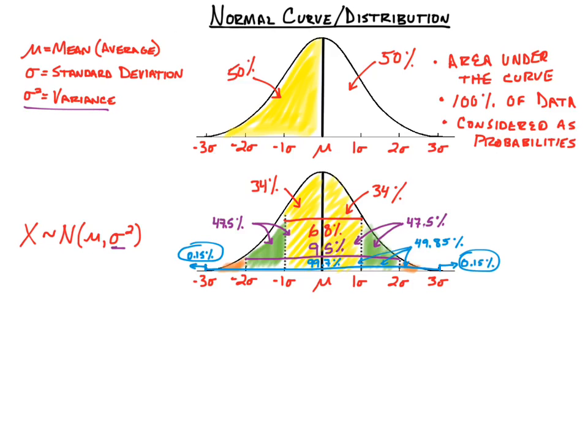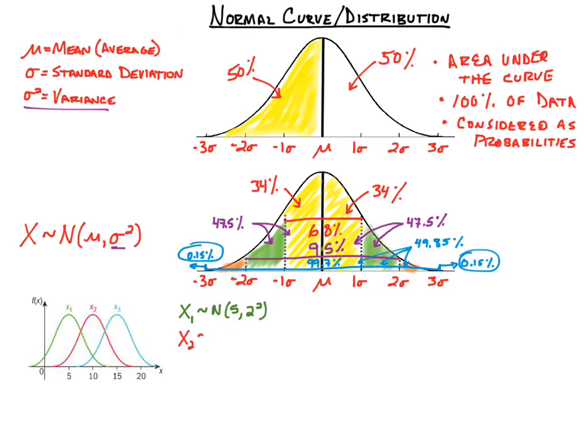Alright, so let's look at some other curves here. So let's say we've got these 3 curves here, where we've got x, the random variable x sub 1 is approximately normally distributed with a mean of 5 and a variance of 2 squared. We have x sub 2 normally distributed with 10, or we can even say a standard deviation of 2, right? Because we know we can bounce back and forth between these 2 things.